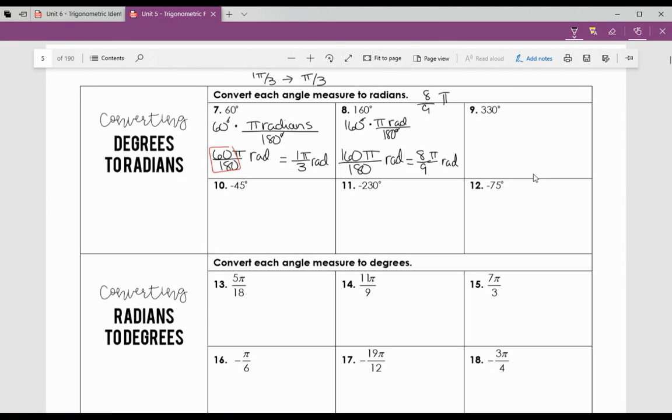And then I'm going to show you, try to visualize what this means. Did you get 11 pi over 6?